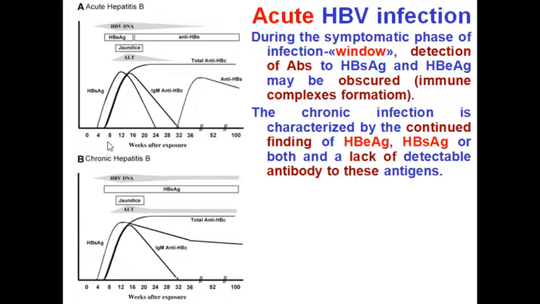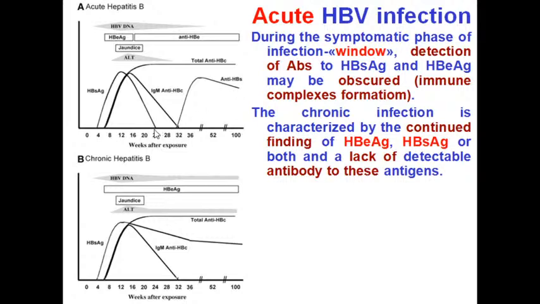What does it mean, my dears? When a lot of HBs antigen is produced, it is produced and then it disappears. And antibodies against hepatitis B surface antigen may also appear very late.